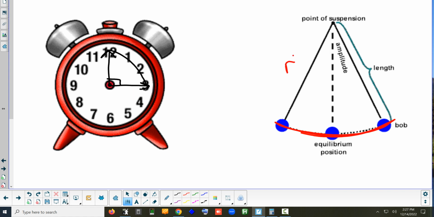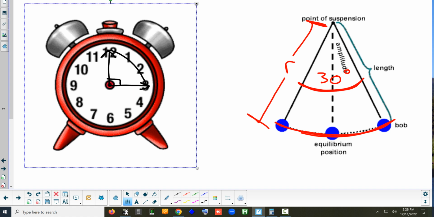That's your radius, from there to there. That's the distance that it's swinging from the center. And they'll give you something like an angle. You know, they might say it's like 30 degrees as it swings from there to there. So they'll give you the angle, they'll give you the length of the pendulum, and you have to find the arc. But that's two of the questions that I just remember from the homework. Any questions on that?